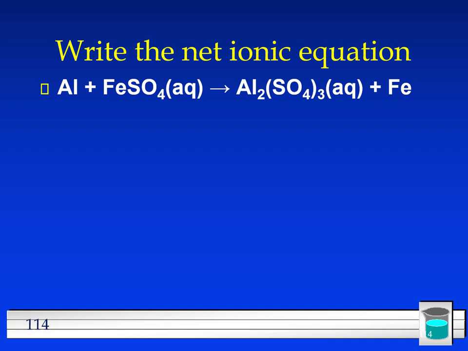Okay, well, is aluminum really there? Is it aqueous? Does aluminum dissolve in water? No. So I'm really going to have aluminum. Is there really iron 2 sulfate? It says aqueous. So it's really Fe2 plus and SO4 2 minus.